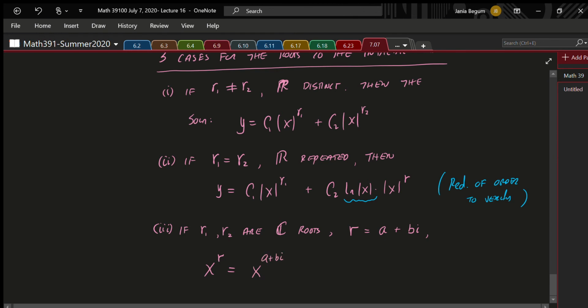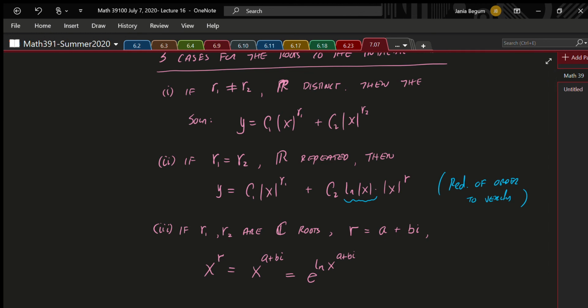Now I'm going to write this in a very funny way: e to the ln of x to the a plus bi. You agree I didn't change the expression, right? I just raised it to a power and exponentiated it.